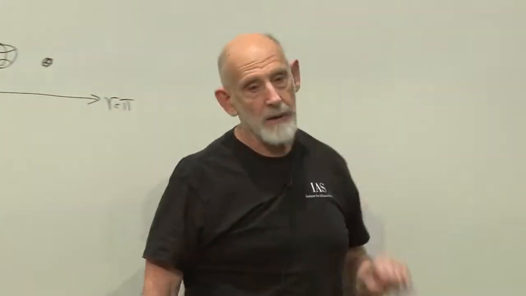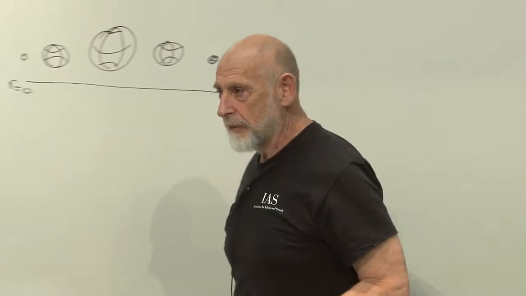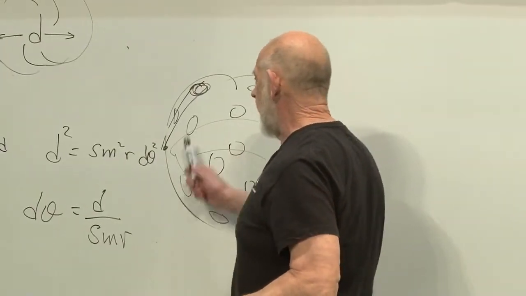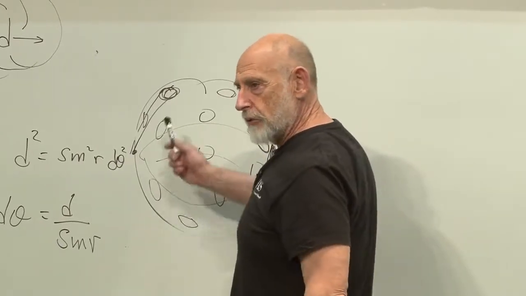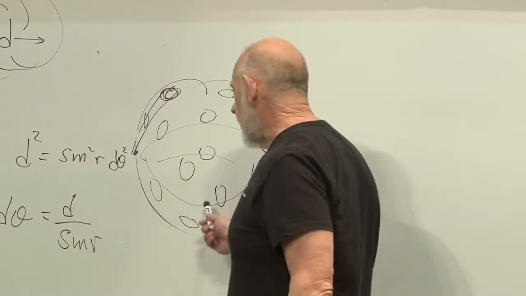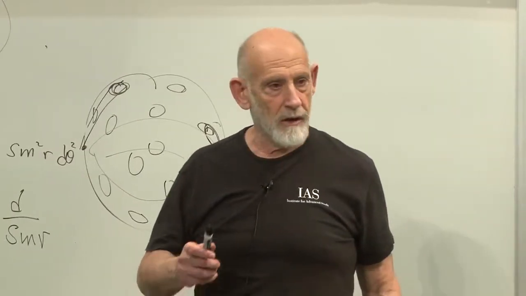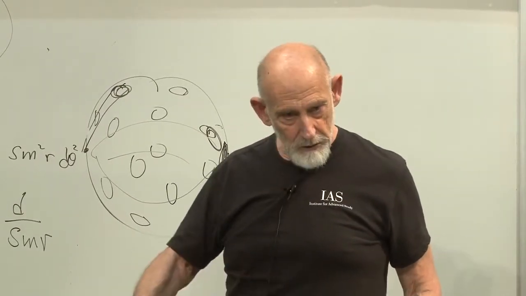So counting galaxies is another way to tell. You can figure out yourself how many galaxies you see at each radial distance on the sphere, and how many galaxies you see at each radial distance on the infinite flat space.